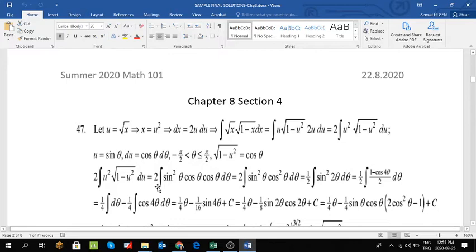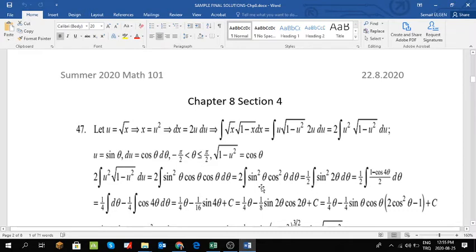u is sine theta, sine squared theta. This is cosine theta here. And du is cosine theta d theta. We put it in. So we get 2 times the integral of sine squared theta cosine squared theta d theta. We complete this to double angle formulas, okay?